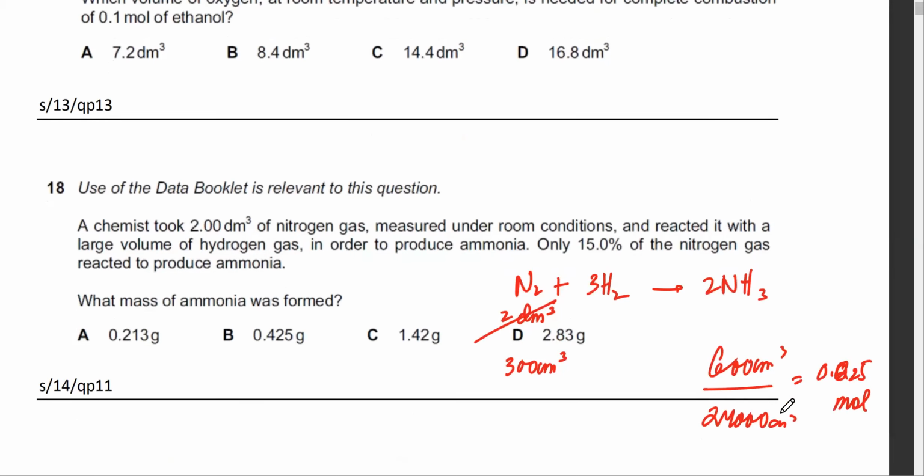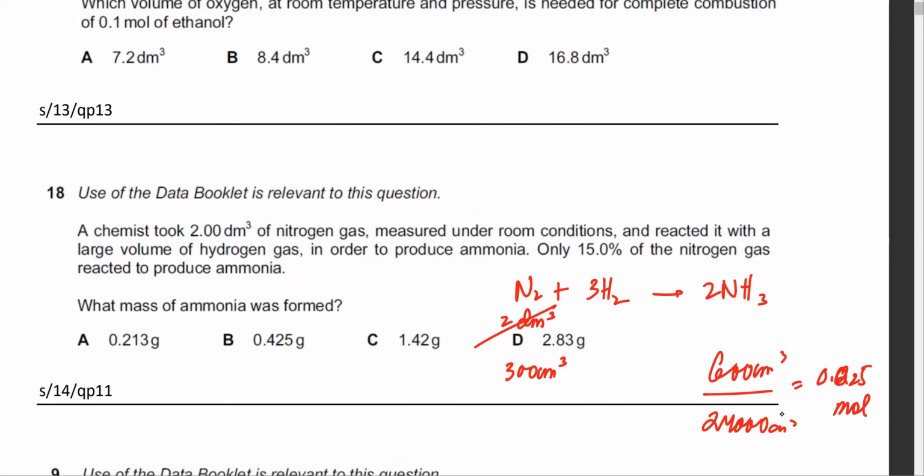That's what you're getting. And you can find the mass. Multiply the moles by the Mr of NH3, which is 17. So 17 into 0.025 is 0.425.